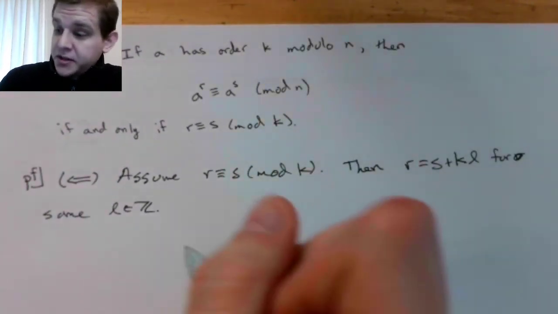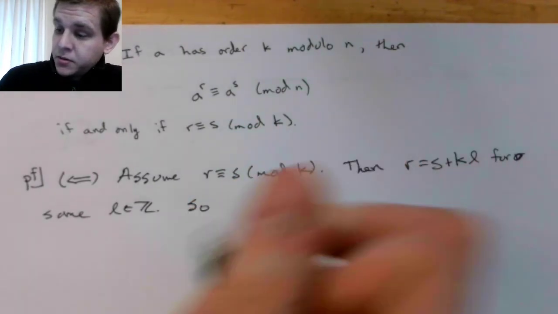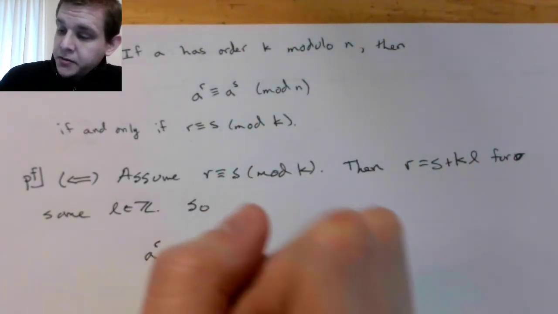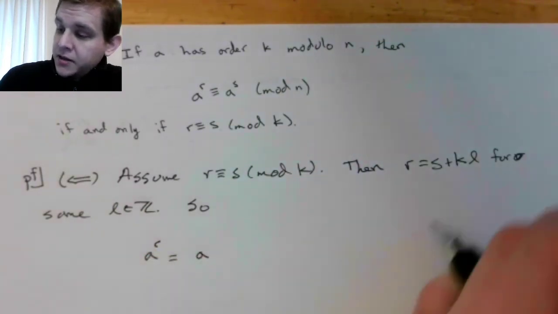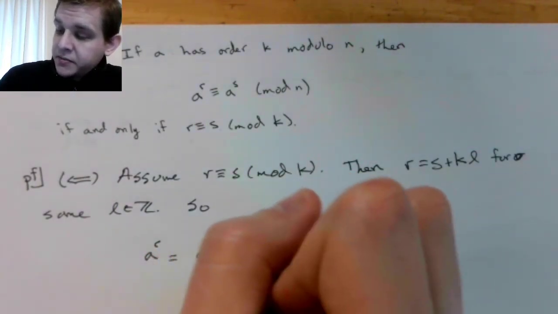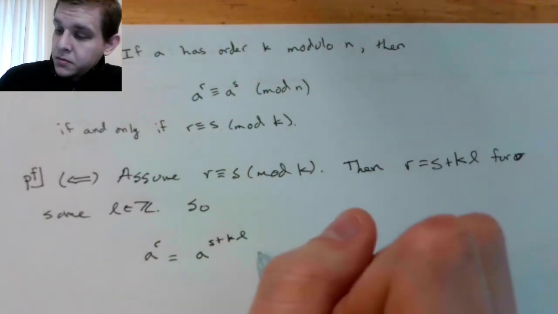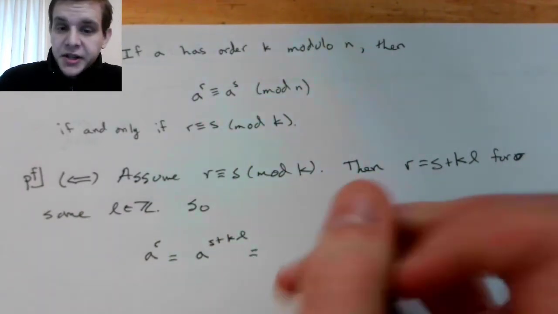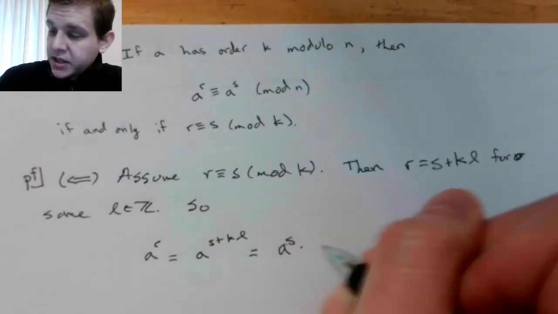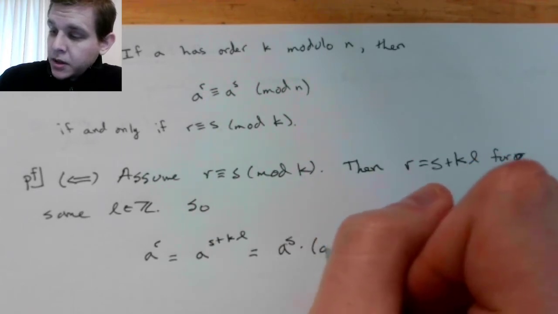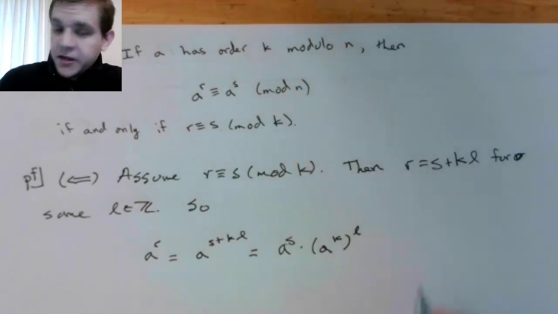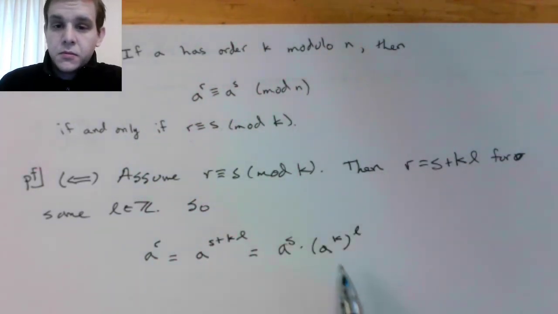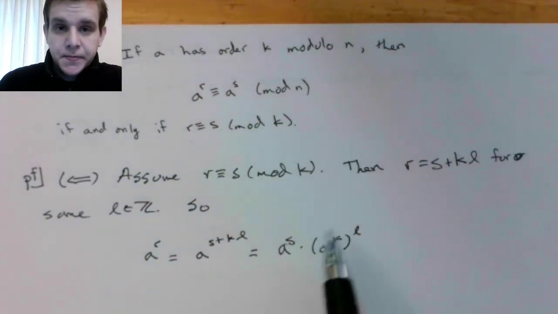I just plug it in, right? So a to the r is just equal to a to the s plus kl, which is equal to a to the s times a to the k to the l. This is just exponent rules.